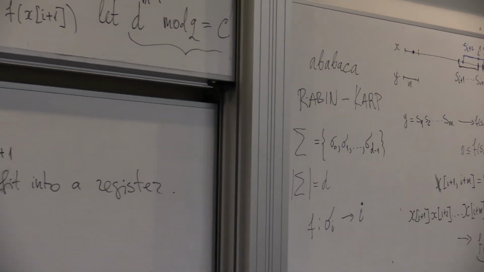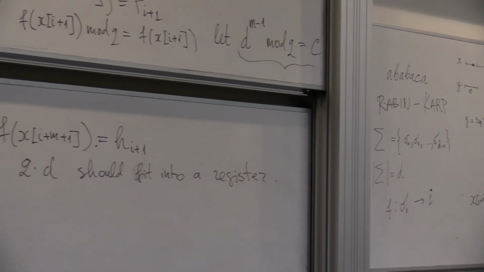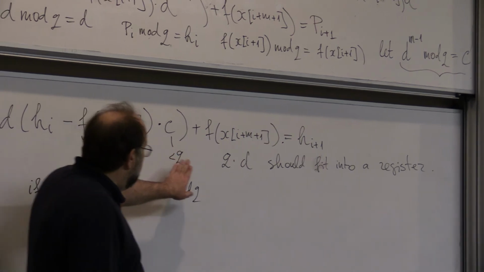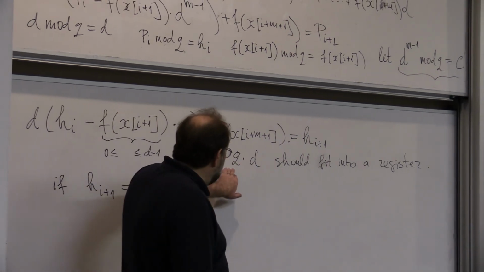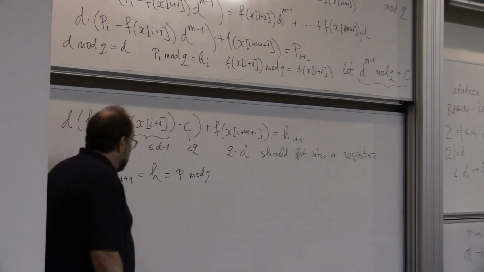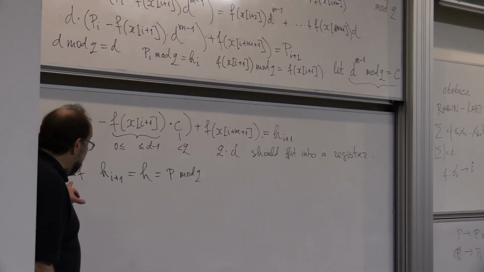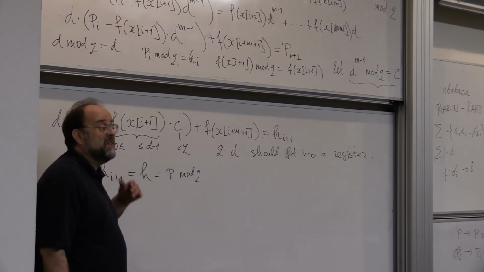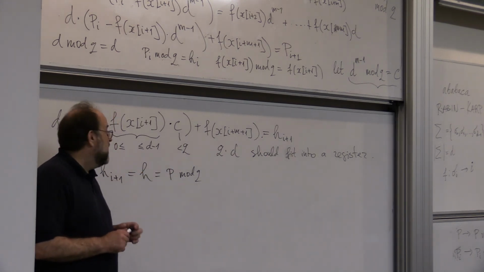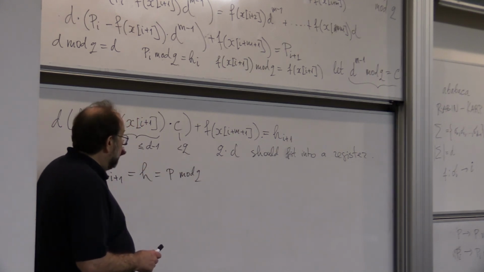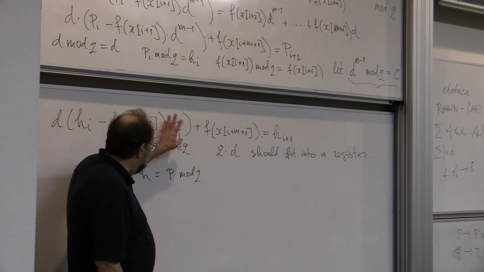But if your hash table is large, if q is a very large prime, the largest possible so that q times d still sits in a register, then the probability that you have false positives will be small, because the hash table is large and two different strings are equally likely to collide if they were random.